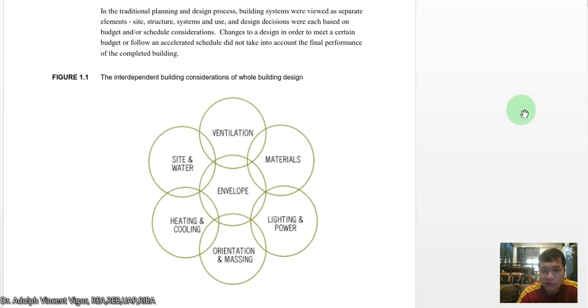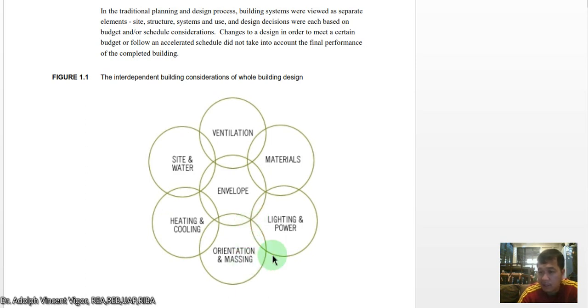So if you look at it, you could see the interdependent building considerations of the whole building design. You have to look at the building envelope, then consider also the ventilation, the fenestrations you're going to use in the building, how you're going to cool the spaces within, the site, the water, the heating and cooling, what we usually do in architecture, which is orientation and massing.